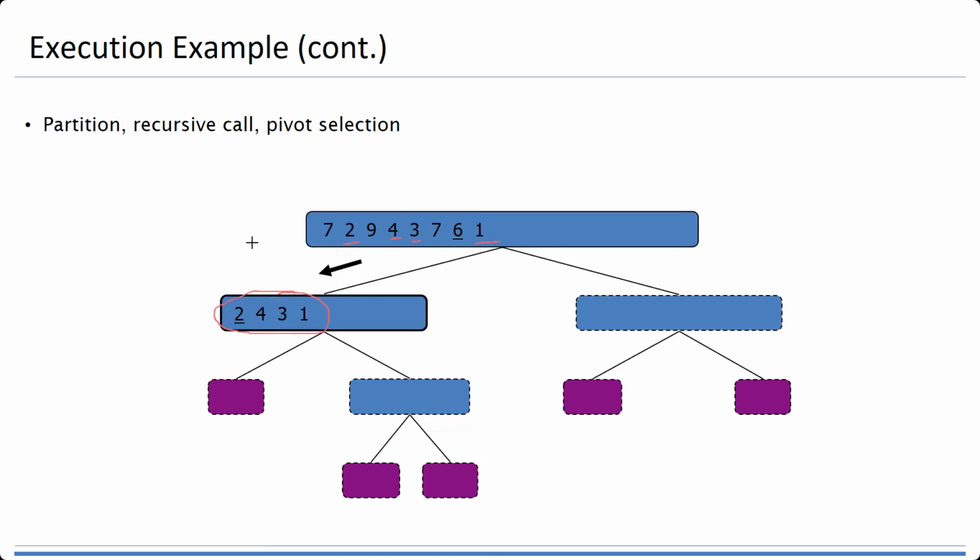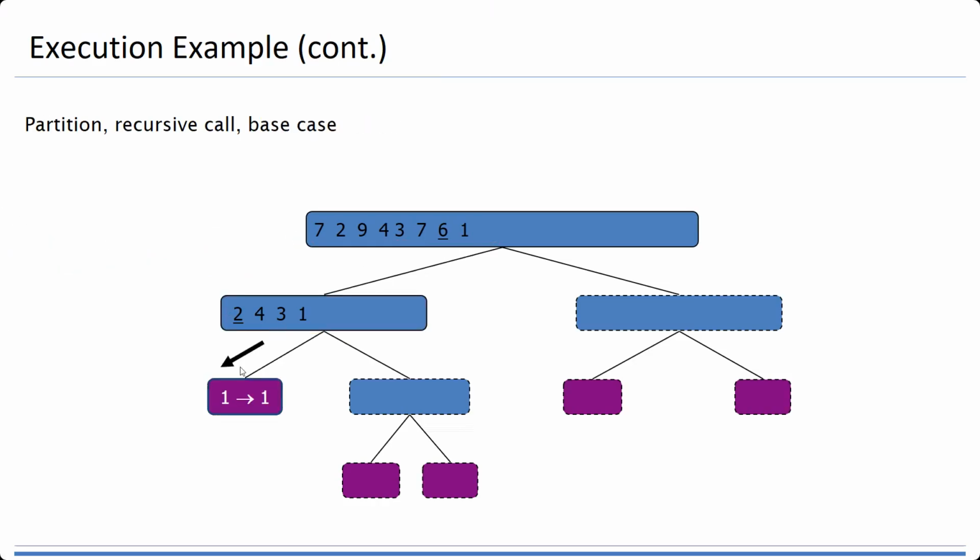After this, let's again select the pivot, and again, this is random. I select 2 as the pivot. Then again I make L, less than 2, and G, higher than 2.